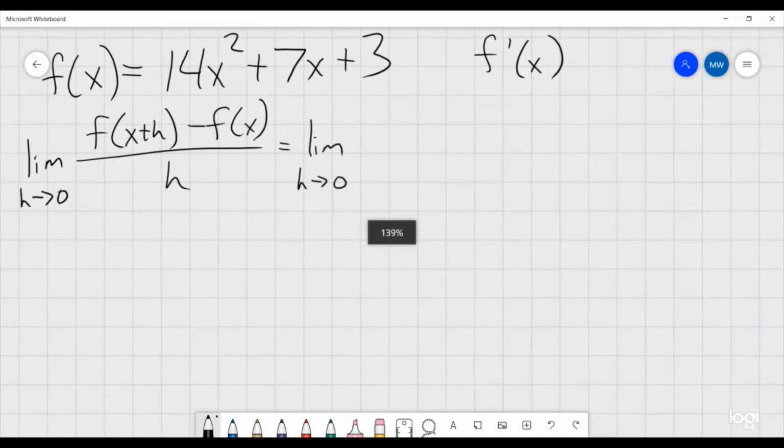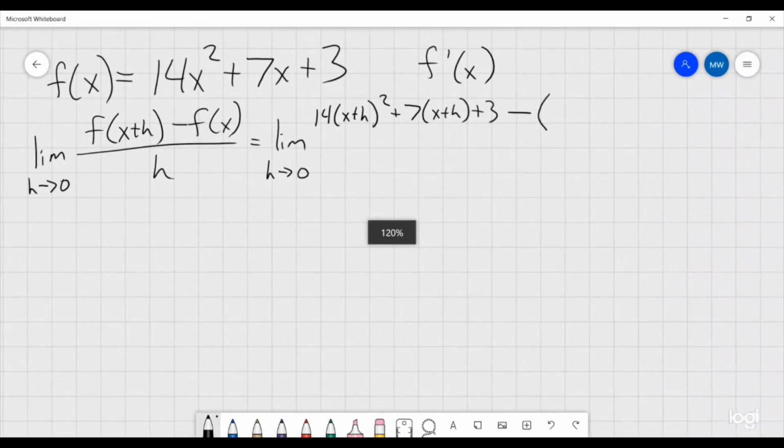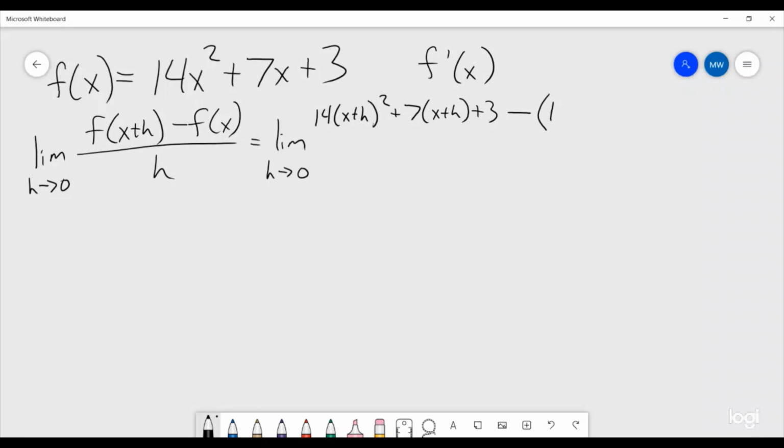Okay, so that will be the limit of, let's see, we got 14 times (x+h) squared plus 7 times (x+h) plus 3, minus, and then we need to subtract from this just f of x. So minus (14x squared plus 7x plus 3), all over h.